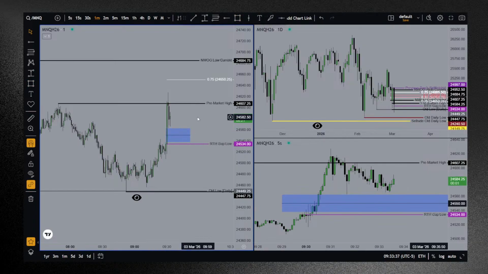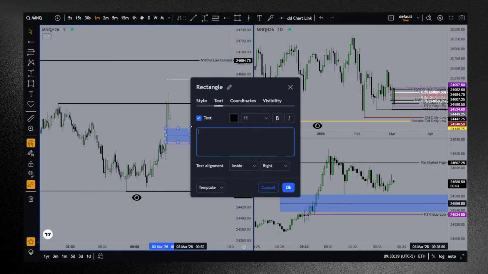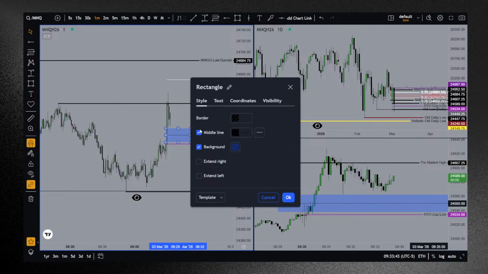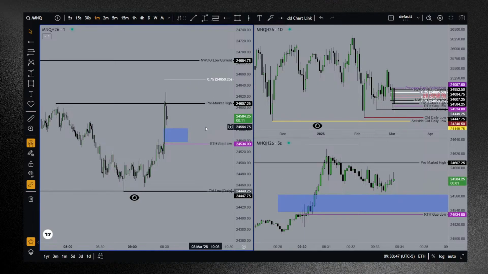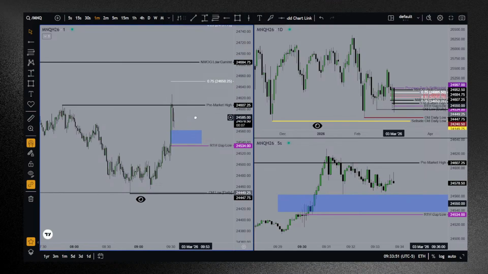It's not the first presented fair value gap, but yet it's busy, which might give me some more insights about it.